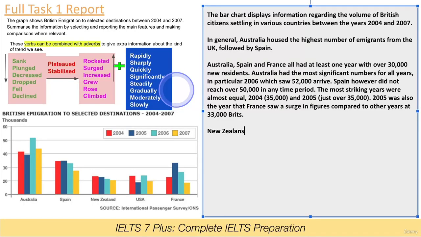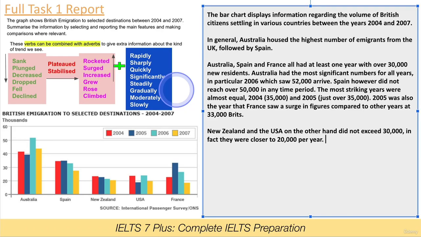New Zealand and the USA, on the other hand, did not exceed 30,000. In fact, they were closer to 20,000 per year.